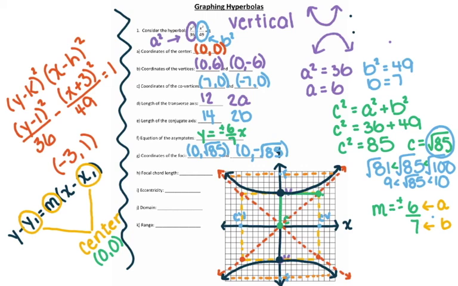As far as the focal chord length, letter H, it's the exact same formula as it was for an ellipse. So it's 2b squared over a. I don't have a lot of room, so I'll do it down here. So 2b squared over a. B squared is 49.